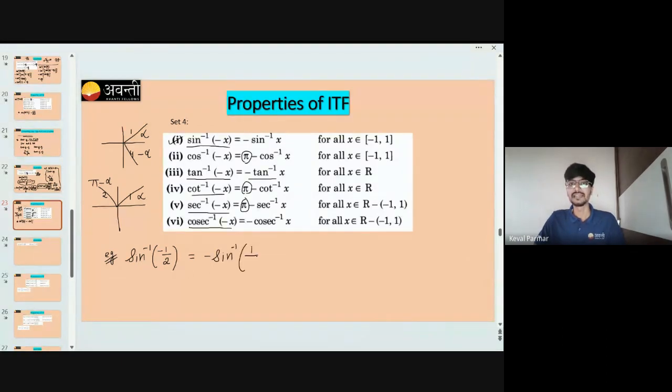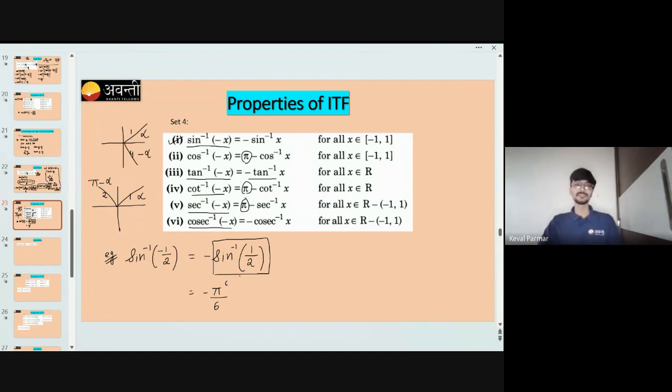Now, as you all know, sine inverse of half means what angle will sine inverse of half give? It will be in the first quadrant and it will be 30 degrees. So my answer will be minus 30 degrees, or we can write it in radians as minus pi by 6 radians. The use of this property is very simple. It just helps us find the answers where negative values are involved.